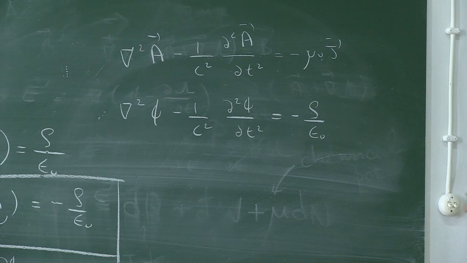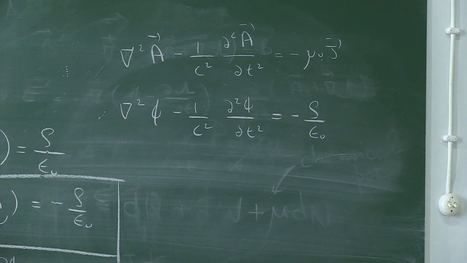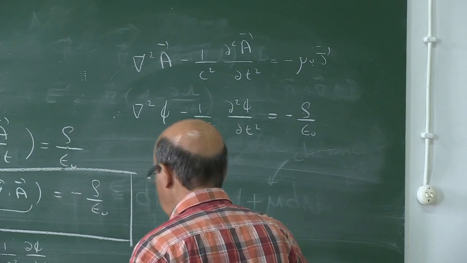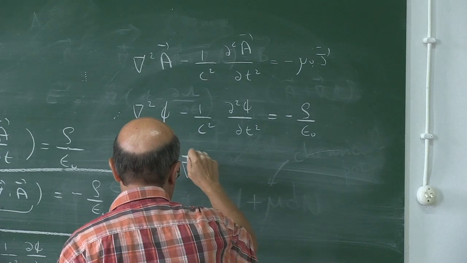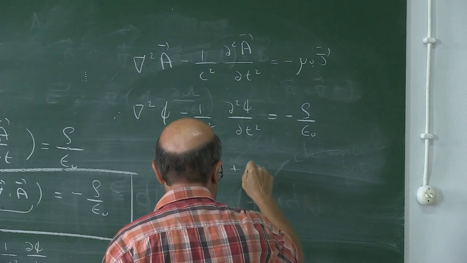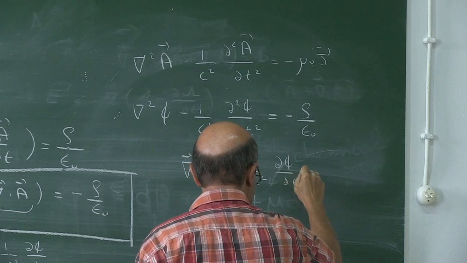So these two equations contain all the information of Maxwell's equations in terms of potentials, vector and scalar potentials, but under this condition, which is called the Lorentz condition, they decouple. When they decouple, we can also easily solve. So let me write the Lorentz condition. Del dot A plus 1 over c squared del phi over del t is equal to 0.